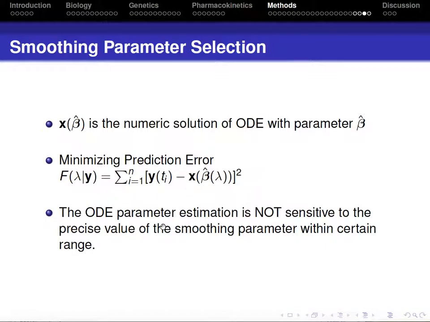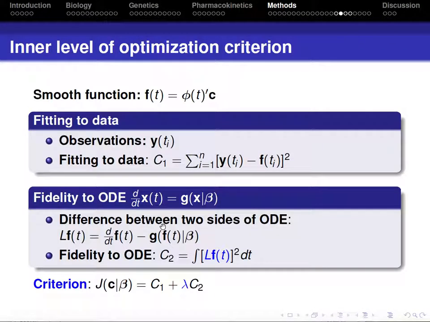So in our criterion, there's also a smoothing parameter lambda, right? How can we select the smoothing parameter lambda here? This smoothing parameter lambda is different from the smoothing parameter in the smoothing splines. In the smoothing splines, we are trying to find the smoothing parameter that makes the function smooth enough.